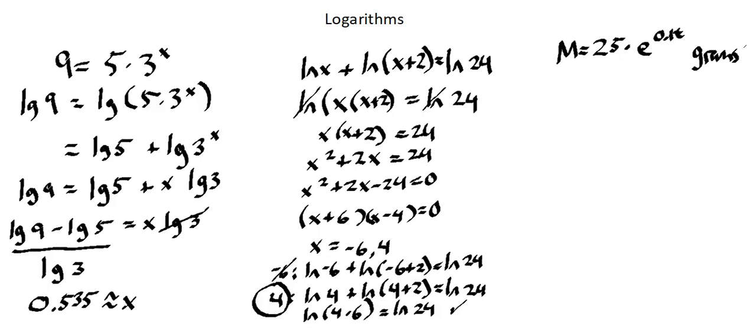Now, until I have a value for m, I won't be able to solve for a value for t, but I will manipulate the equation so that it is set to the variable t. First thing I will do is I'll divide both sides of the equation by 25.